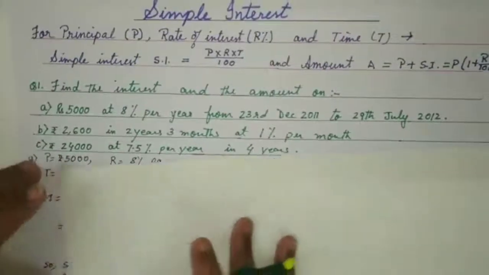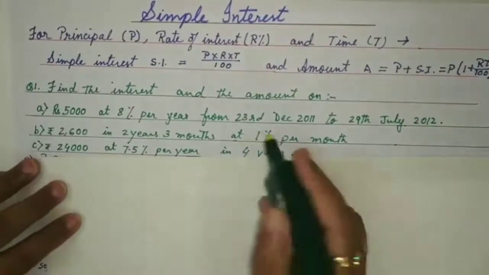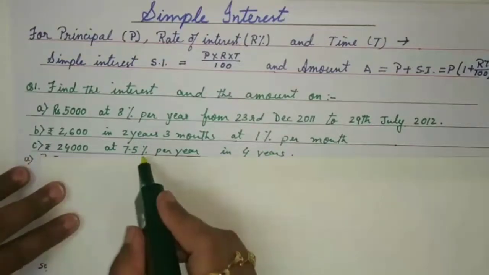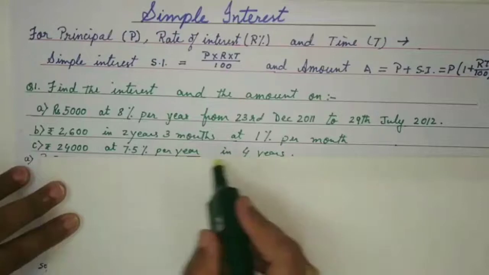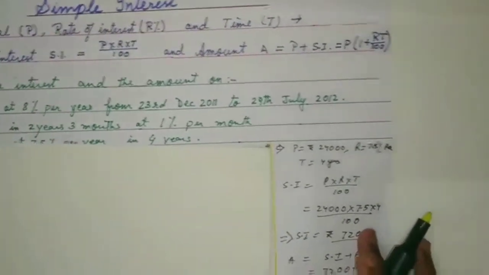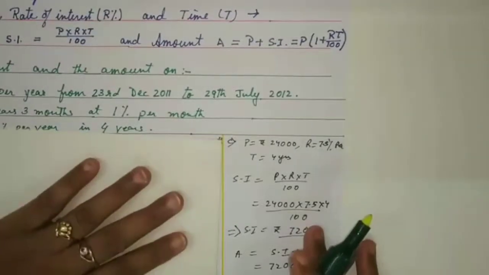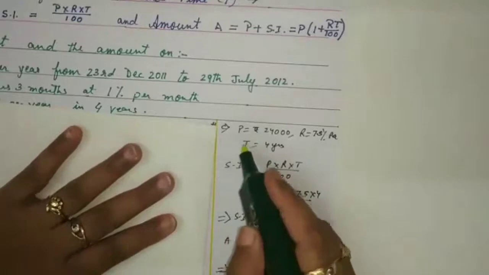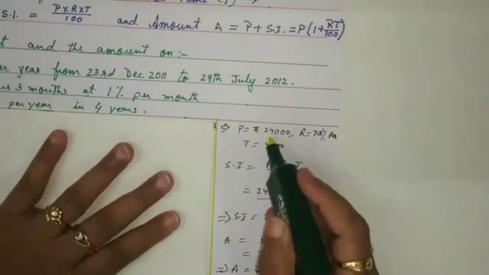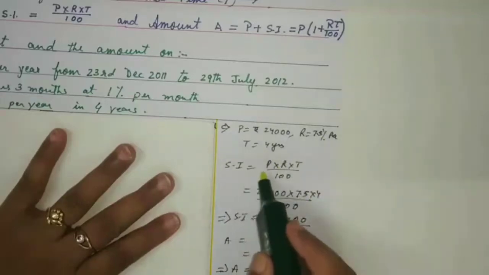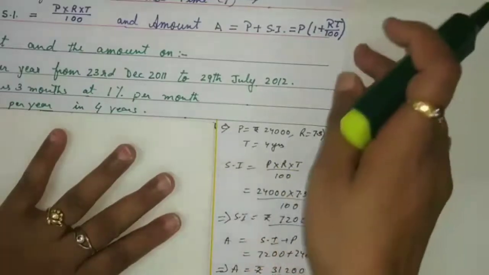Okay, now the third question. The third question is, find the interest and the amount on rupees 24,000 at 7.5% per year in 4 years. So now this is how we do it. Principal 24,000, rate 7.5%, time 4 years, SI is PRT by 100.